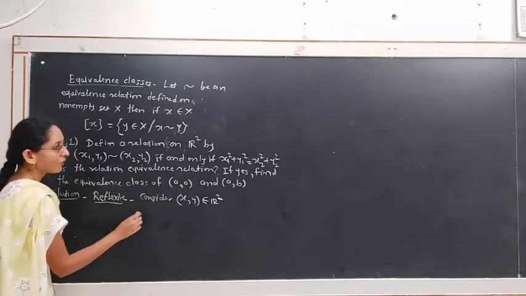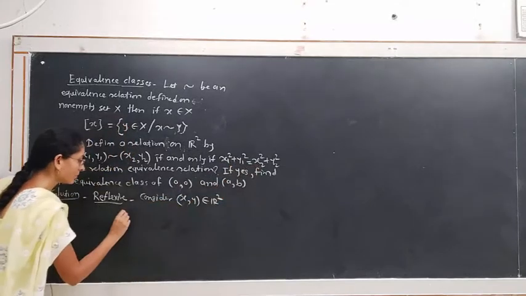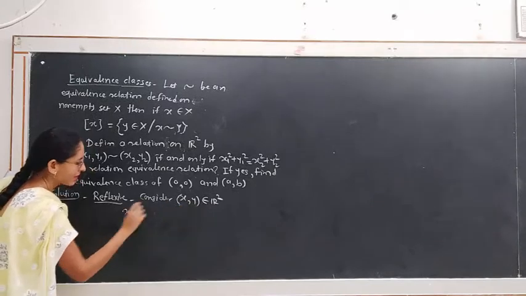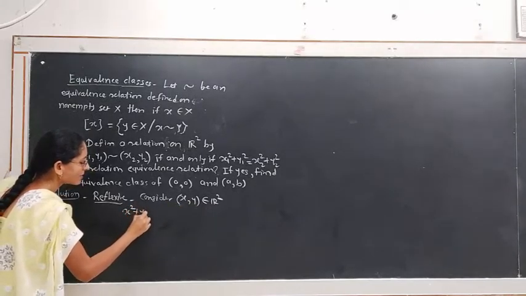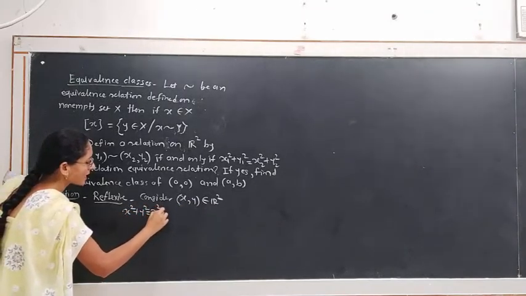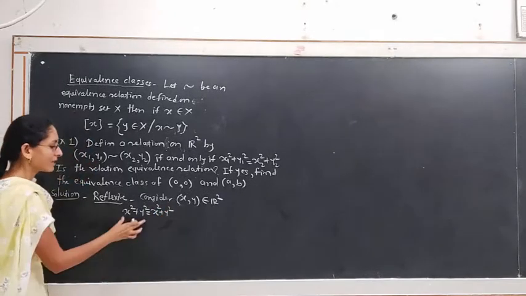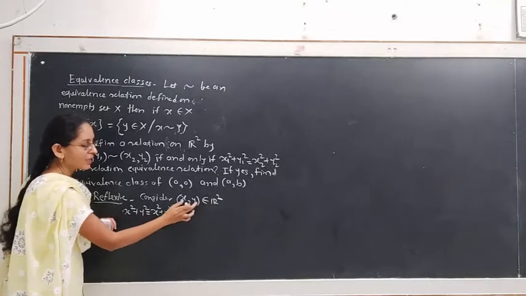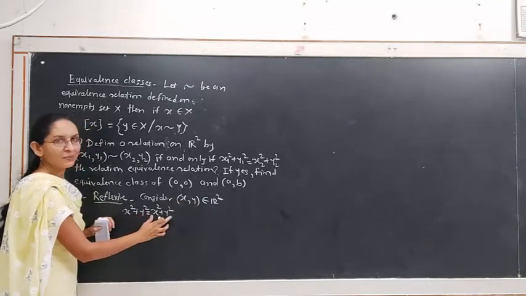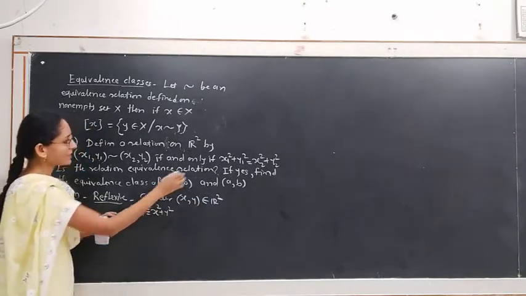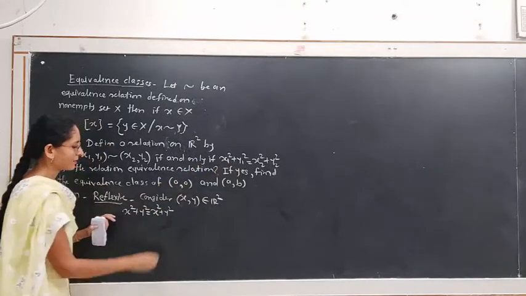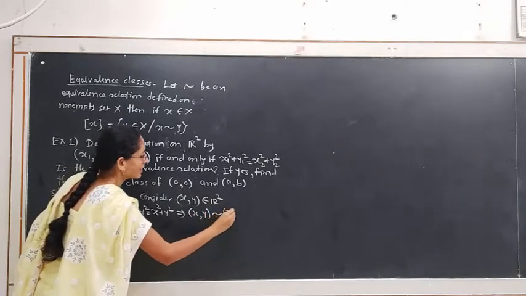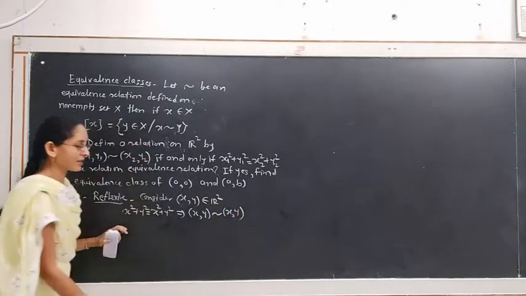For that, we require this condition: the coordinates of this point satisfy x square plus y square is equal to x square plus y square. The sum of squares of coordinates of this point in R2 is the same as this sum. By using this definition, we say that ordered pair (x, y) is related to ordered pair (x, y).